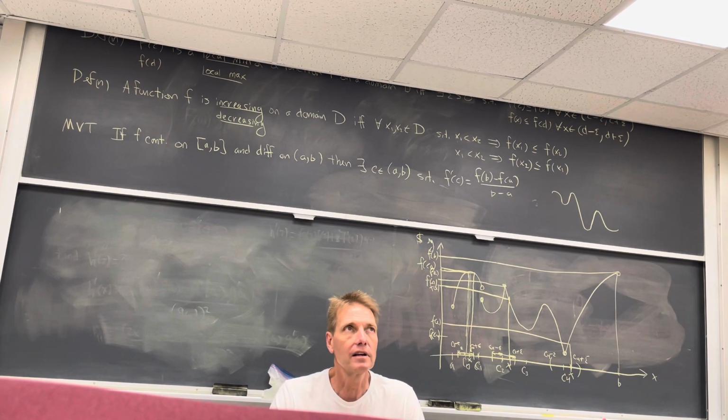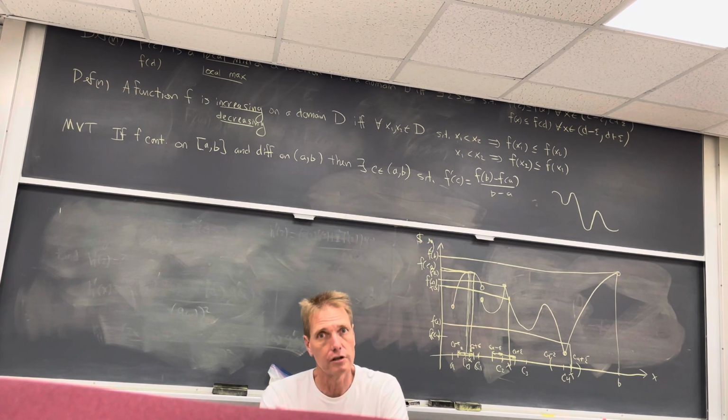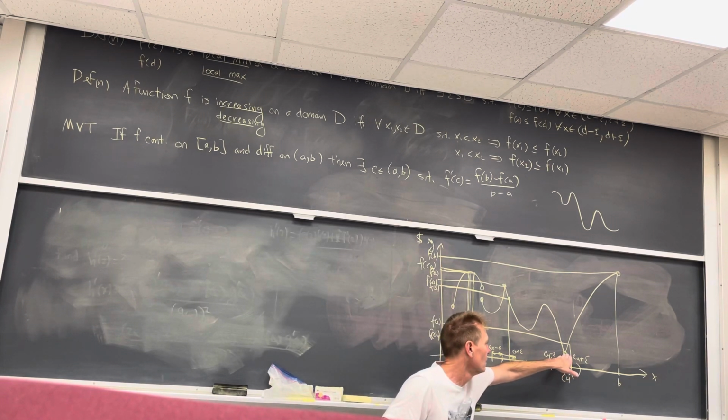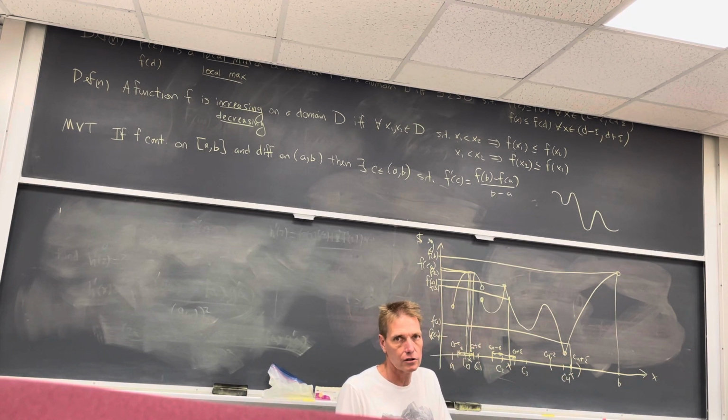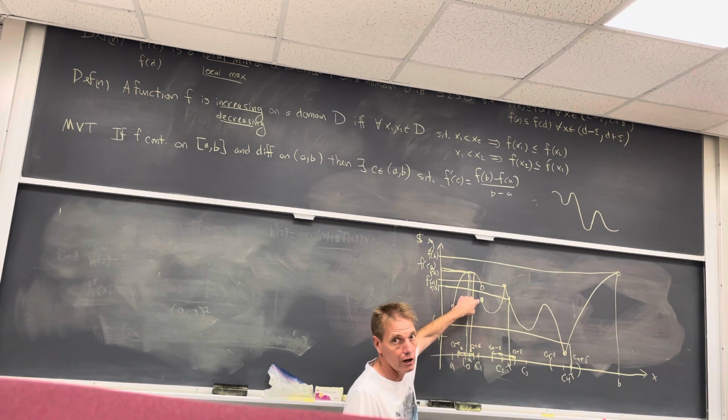So if you're asking, well, Dr. Warren, how do I find my local maxes and local mins? You're telling me they're important. Well, you're looking for places either where the derivative is 0, which is most of them, or places like this, where we lose differentiability. Now we would also lose differentiability here. We have to check it, but it's not a local max or a local min.